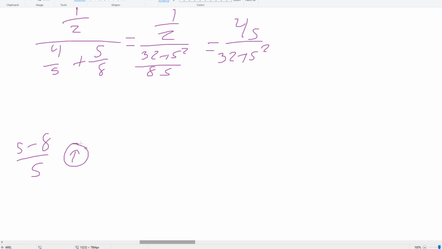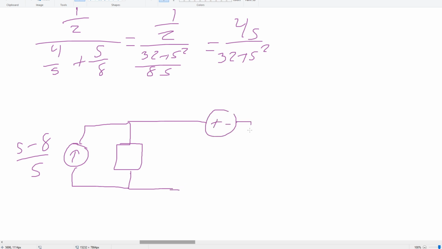We have an impedance, so we're just going to draw that as a box, and that's attached to the voltage source, I think it's like that, and the resistor, right? But this is, hold on, let me just write 4s over 32 plus s squared, right?